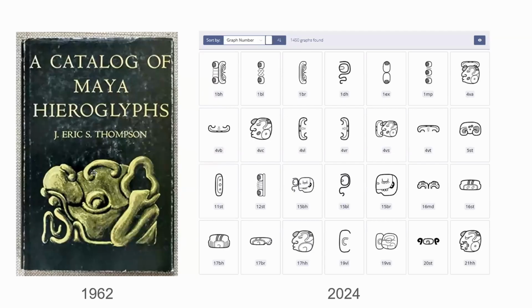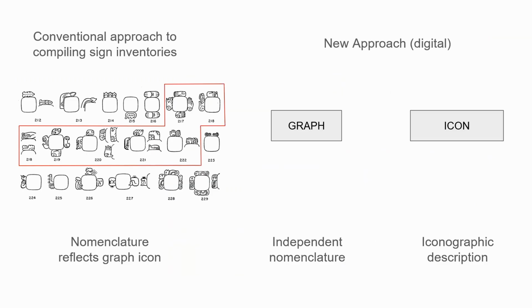The problem always is that when Thompson conceived this catalog, or even predecessors like Günther Zimmermann, they always tried to combine the catalogization of a glyph according to the iconographic origin. What happened when he compiled his catalog? Here we have different plant forms. Then he introduced the hands between the numbers 217 and 222.